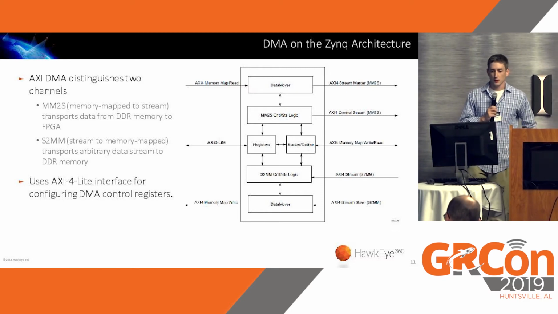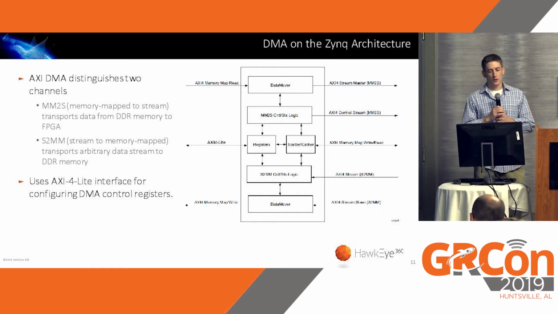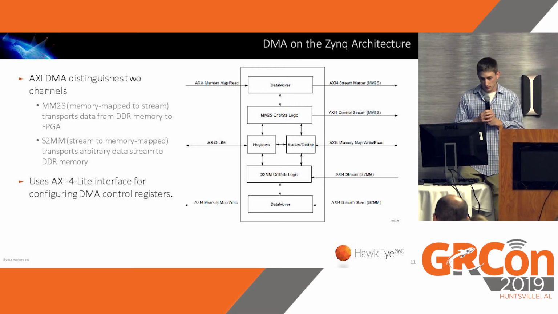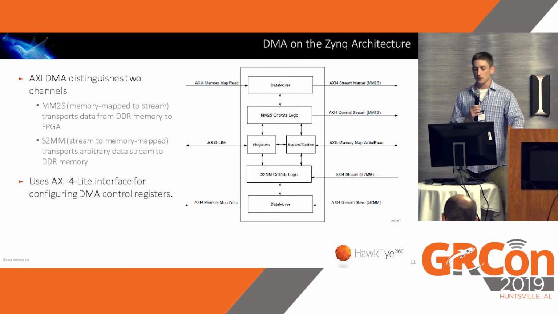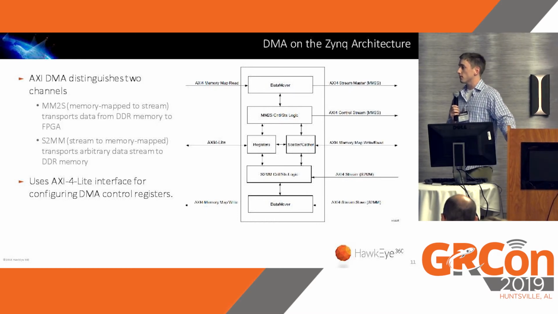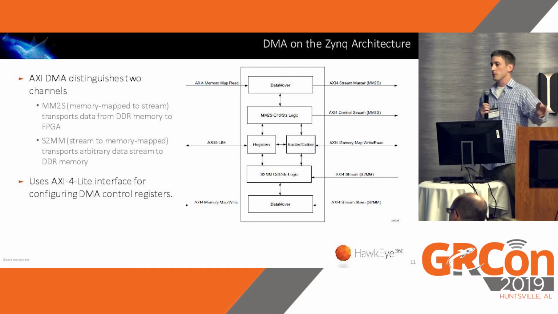Also on the Zynq, and for other FPGA-based concepts, you'll see possible channels where the terminology is memory-mapped to stream. That's a DMA that reads from the memory, so memory-mapped, and then it becomes a stream.